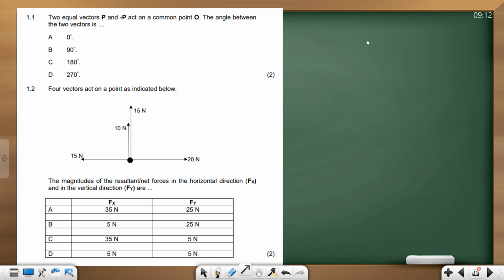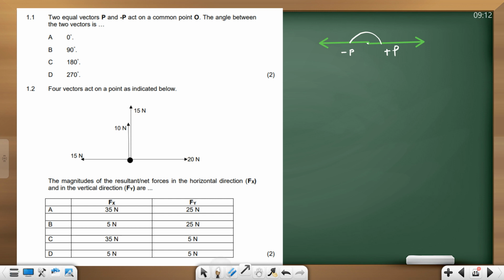Check. If I choose right as positive, that's P. Positive P. Where should negative P be? To the left. What's the angle there? Simple maths. Answer is C, 180 degrees.